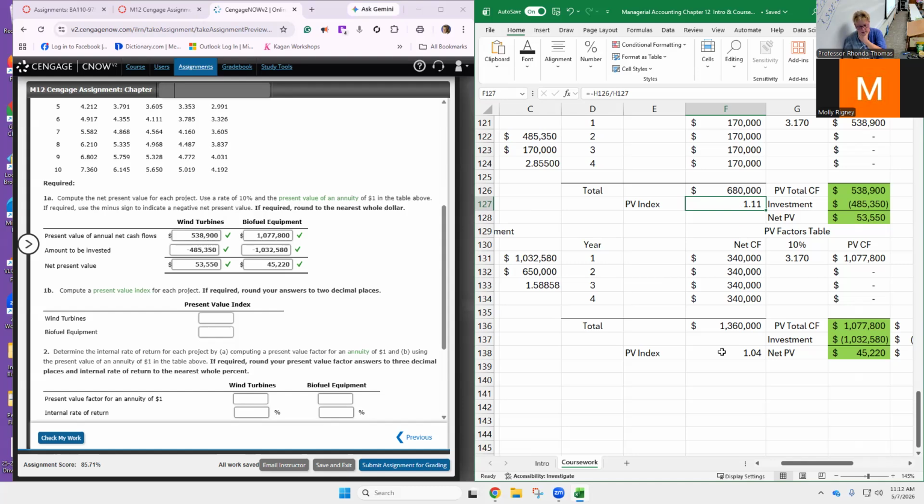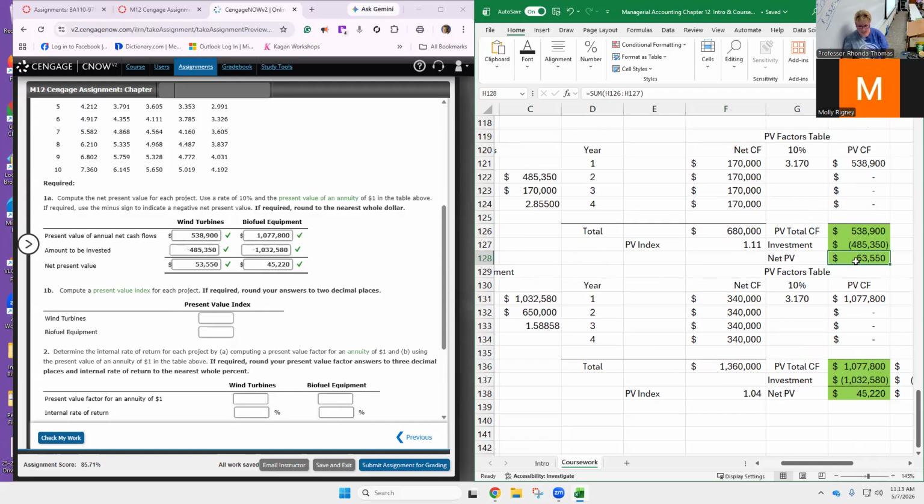And then when we do the same thing here, we're using that cash flow and dividing by the investment, but the biofuel one is still lagging behind with the present value index. So the two present value analyses that we did favor the turbines, for the net present value and the present value index.